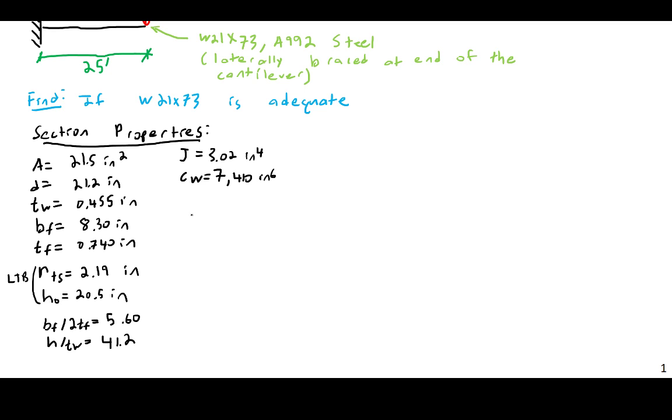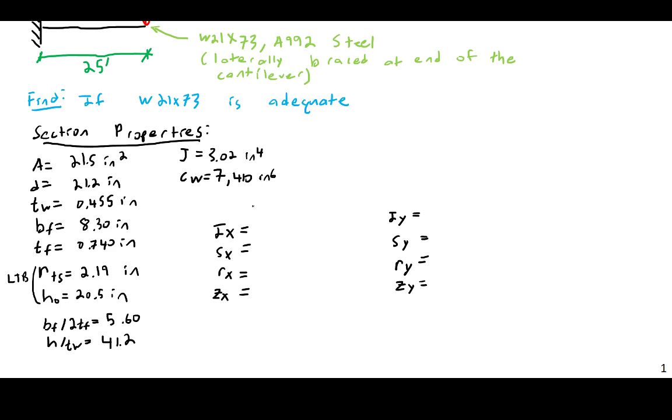And then from this, the only other things I need are my various other section properties: my IX, my SX, my RX, and my ZX, so my strong axis and my weak axis properties, and IY, SY, so this is for the weak axis along the YY axis, my RY, and my ZY.